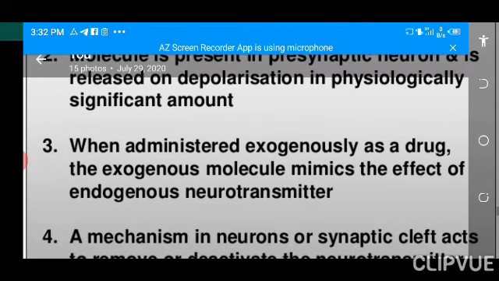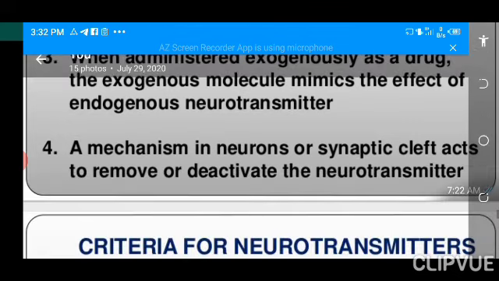Number 3 is the fact that the exogenous form, like drugs that have a similar chemical structure to that neurotransmitter, if administered, must also elicit the same physiologic function. And number 4 is the fact that immediately after their action at the postsynaptic end, they must be inactivated.